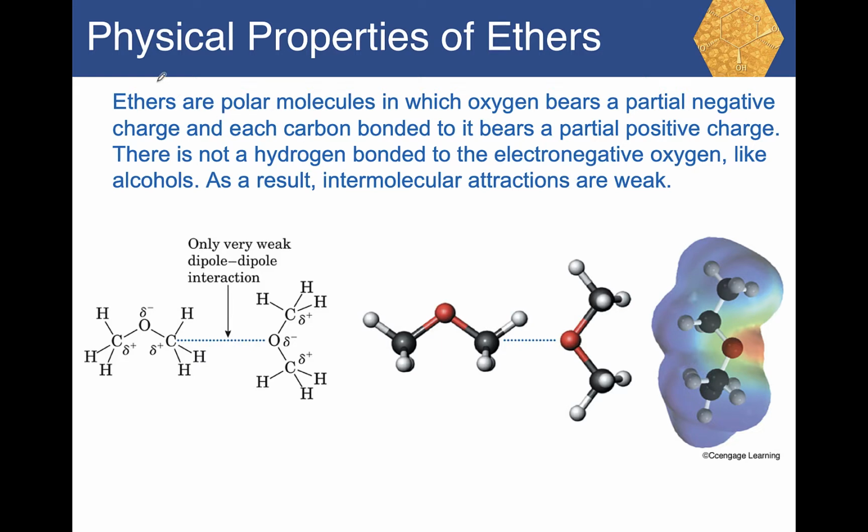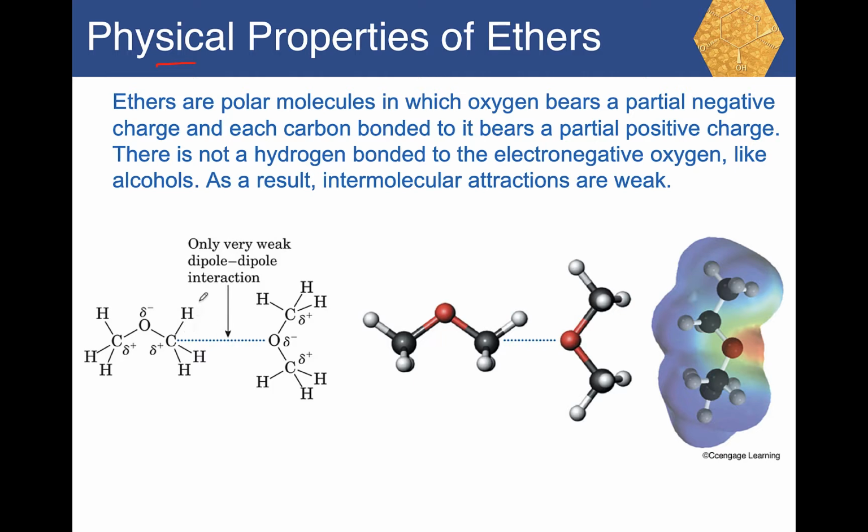Let's look at the physical properties. Remember here, physical properties means that they are measurable or observable characteristics of molecules. But first, let's look at the structure and what would affect the physical properties.